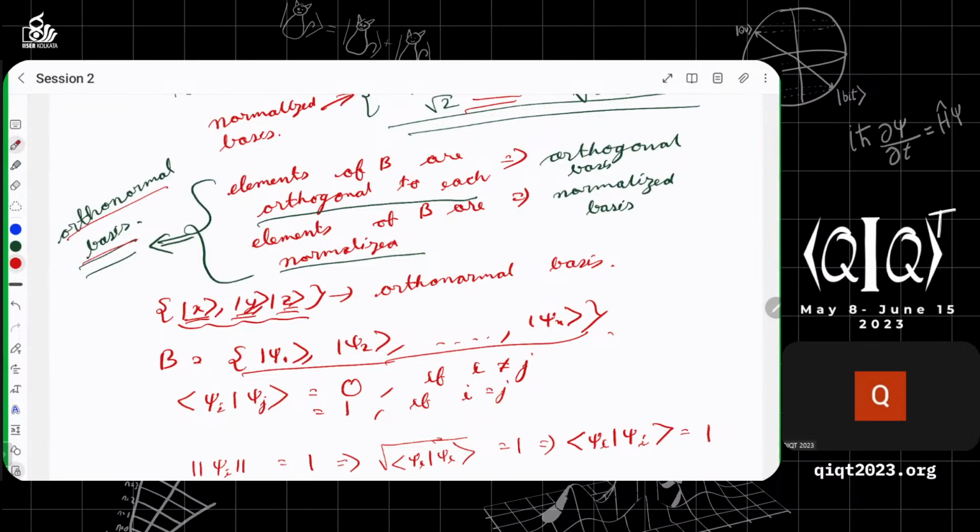And there's a convenient notation for writing this: psi i psi j is delta ij. So delta ij is basically the Kronecker delta function. So these are the conditions for an orthonormal basis.